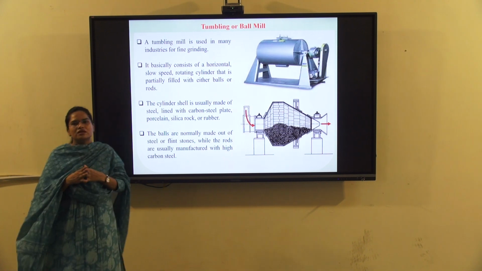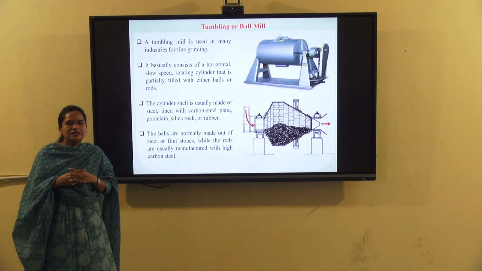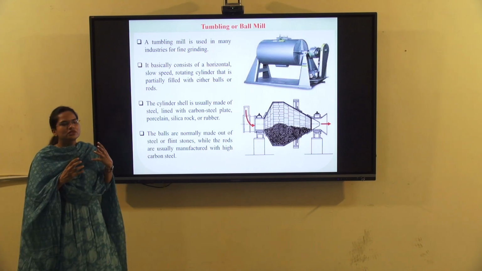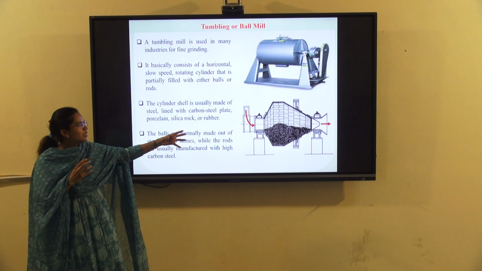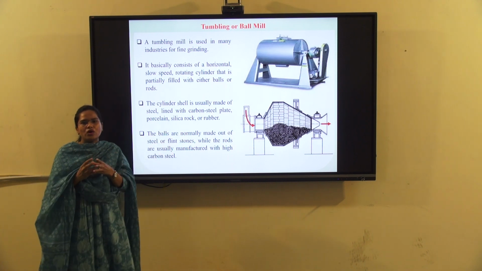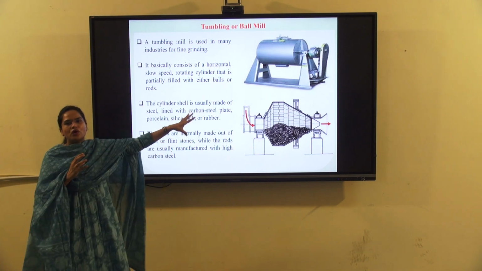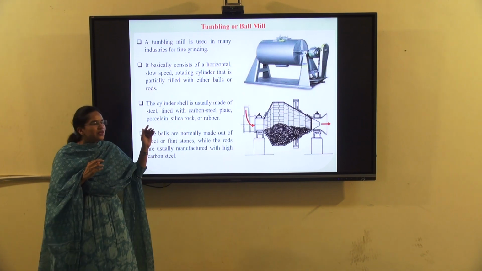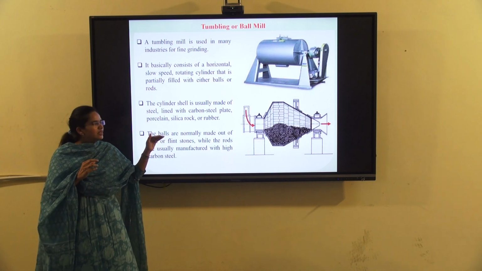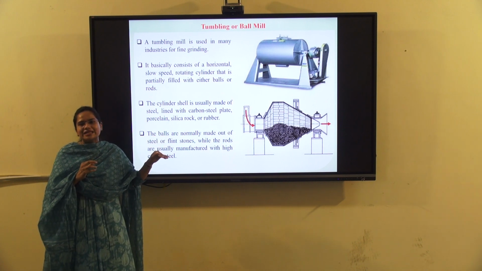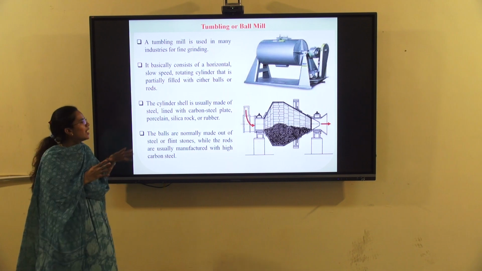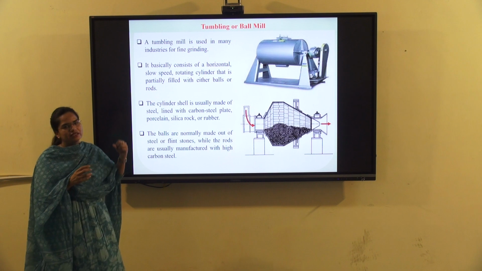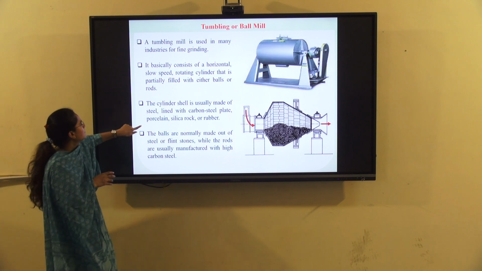A very important term here is critical speed. Critical speed occurs when centrifugal force arises inside the mill, where the balls stick to the wall of the mill and are not released, so no size reduction results. So it is important to keep the operational speed below the critical speed for size reduction in a ball mill.